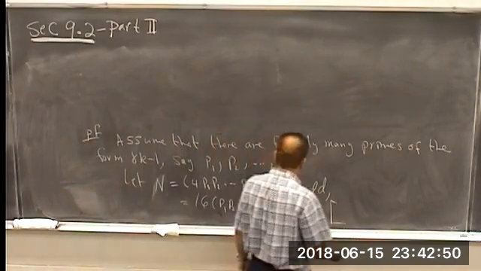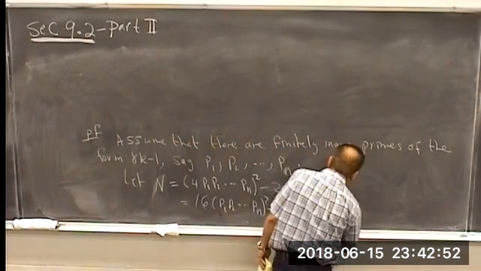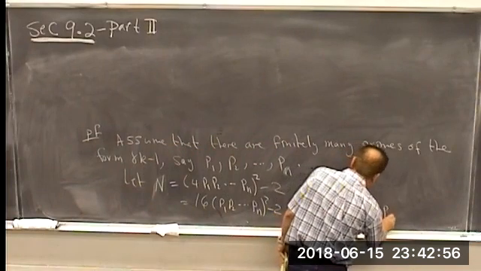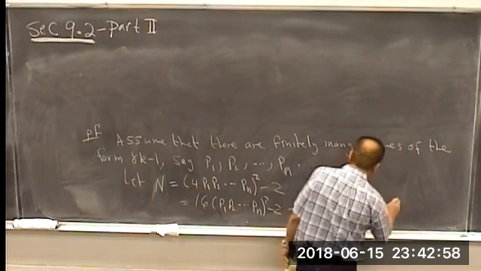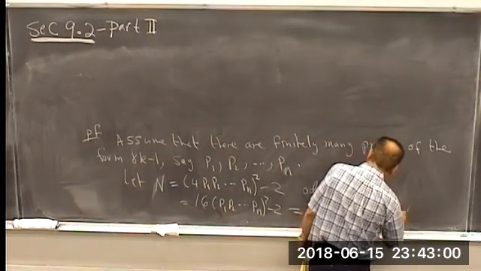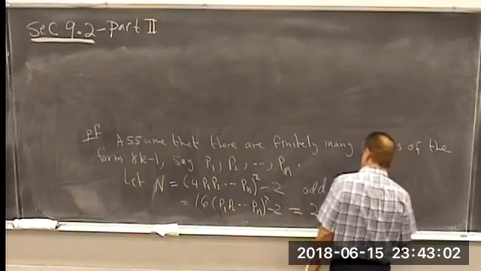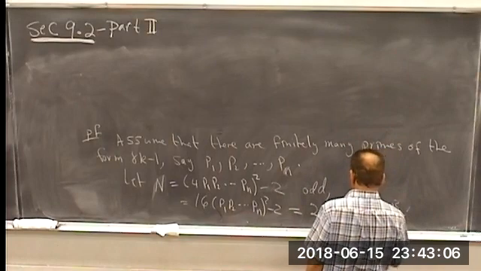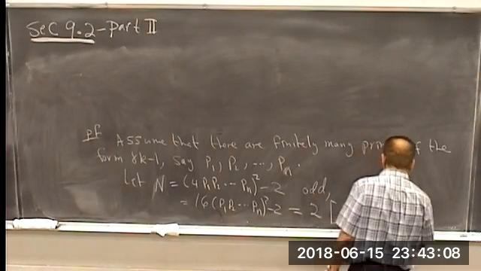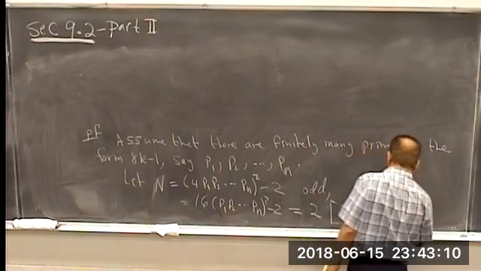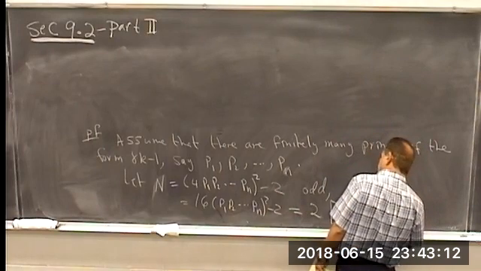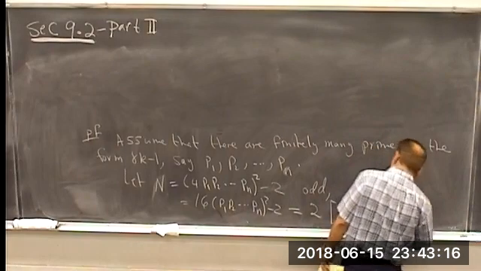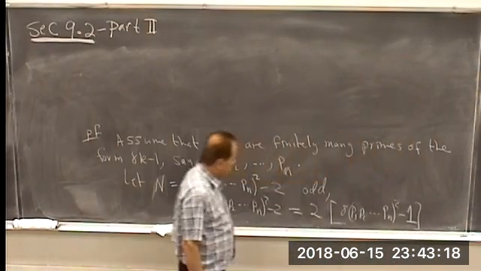And then we have 8 times P1, P2, up to Pn squared, minus 1.